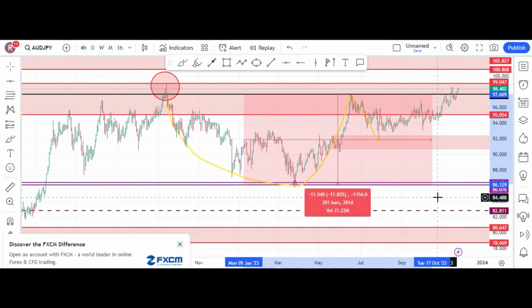Once you understand the market structure, the double bottom, double top, patterns like cup and handle, and the neckline, it looks very beautiful. So this is a cup, this is a handle. The handle has fulfilled its journey, just 50% of the cup, which is the most optimum place, and again it started going up.